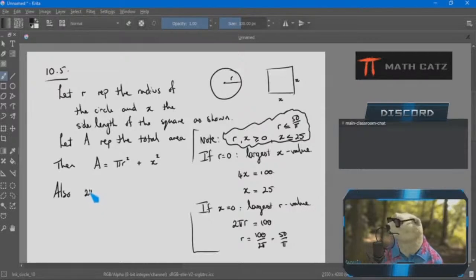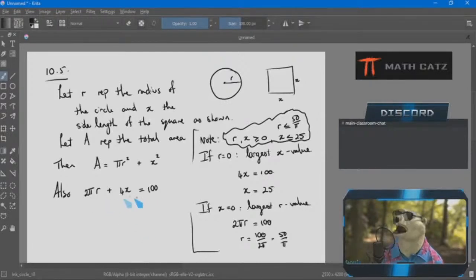So the circumference of the circle plus the perimeter for the square, that's going to have to be 100. I'm always assuming I'm using everything, because using less fencing will never give me the highest area possible. So I'm going to max that out.